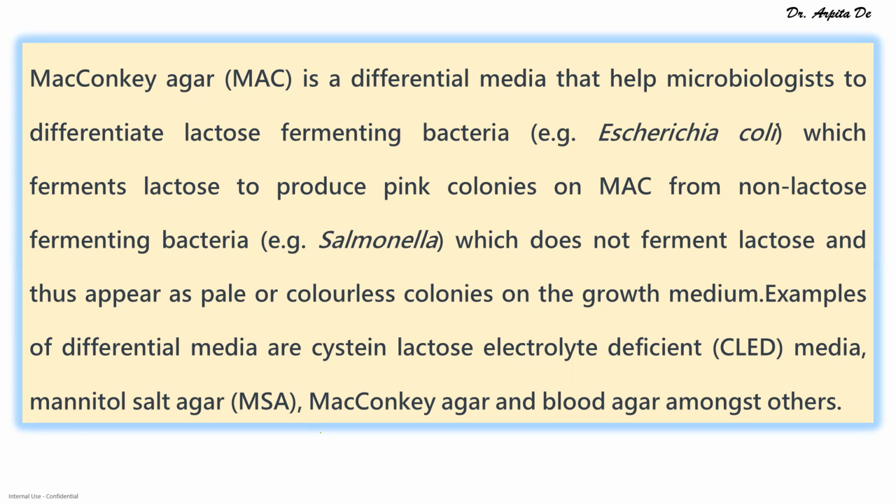So from the very color, you understand whether this is lactose fermenting bacteria E. coli or non-fermenting, the bacteria which does not ferment lactose. Examples of differential media are cysteine lactose electrolyte deficient media or CLED media, mannitol salt agar, MacConkey agar, and blood agar.